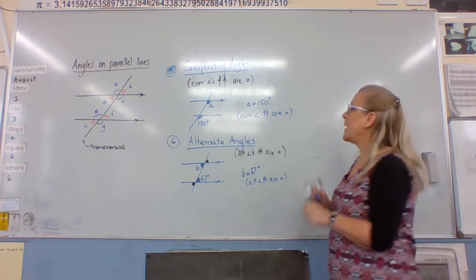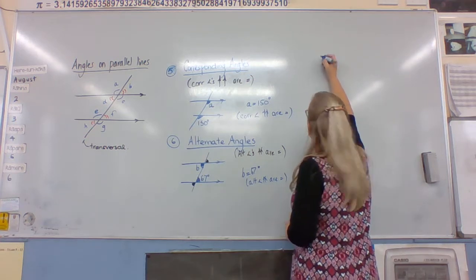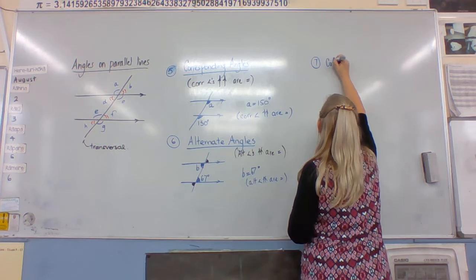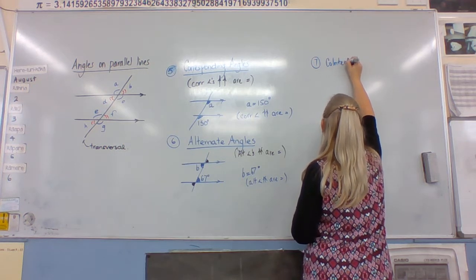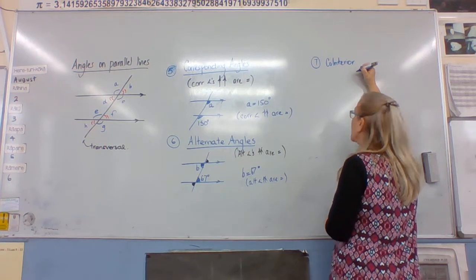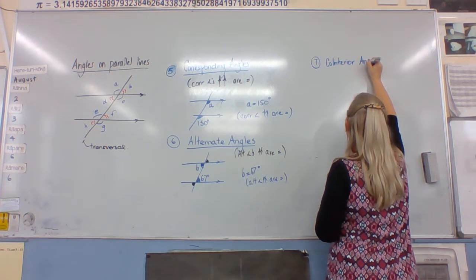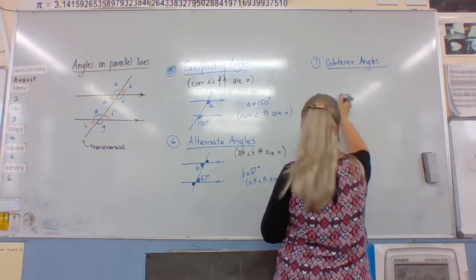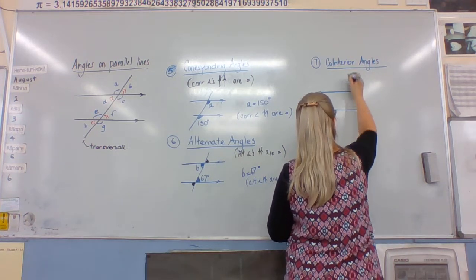So the last one pairs them up too, but this time they're called co-interior. So co means together and interior means on the inside. It's not technically true though, because in our picture it looks like this.